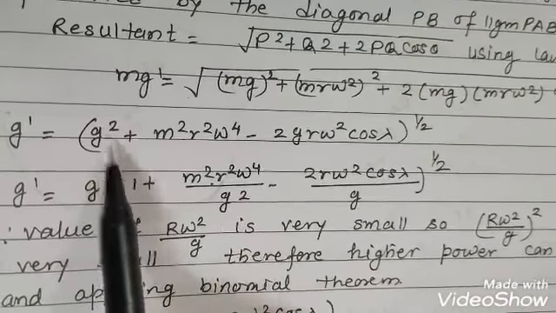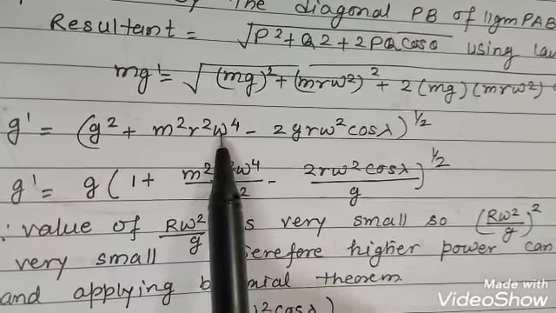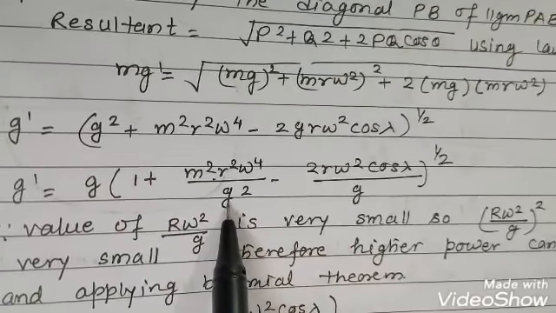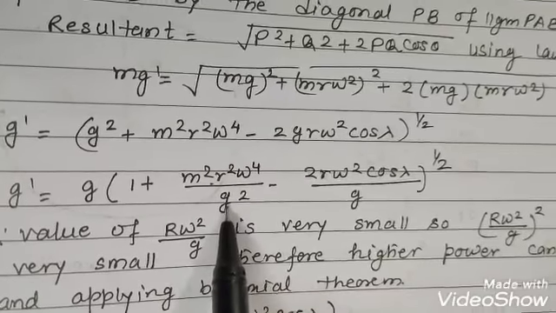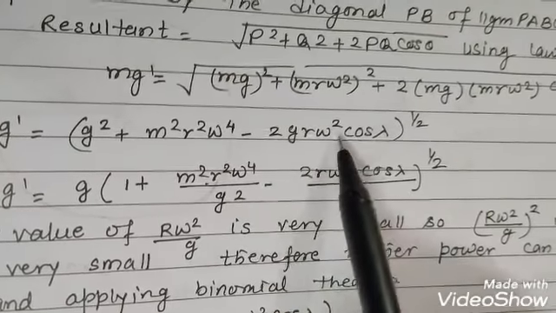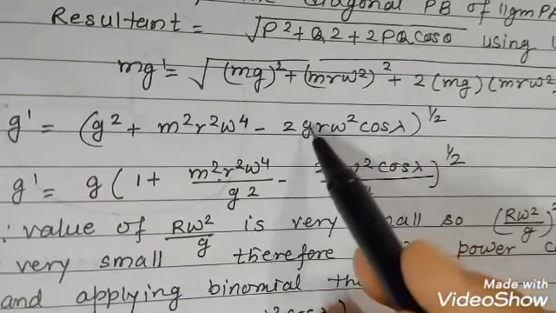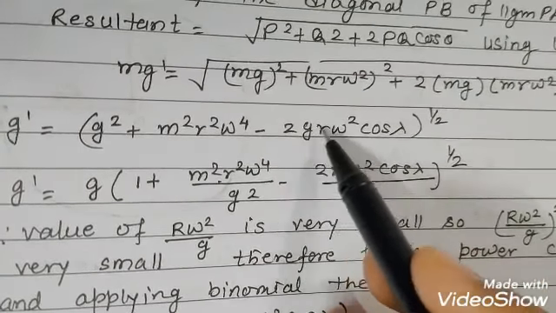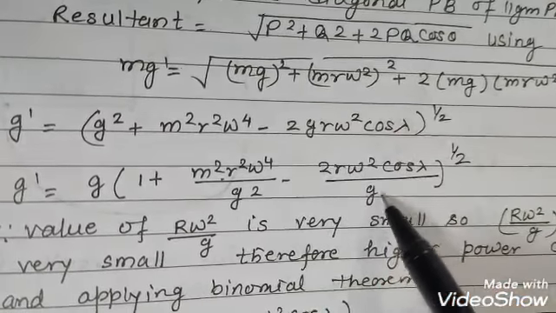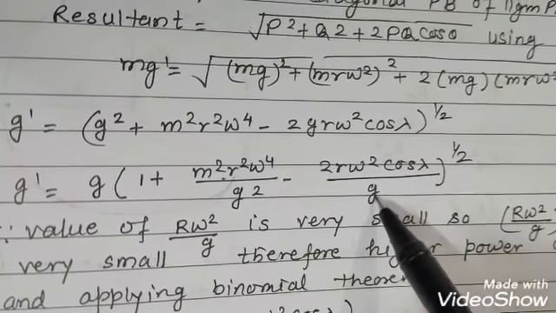Now here 1 will remain, and g square is divided in the second term, and in the third term also g square is divided, but one g is there in the numerator, so g upon g cancels, and g remains.